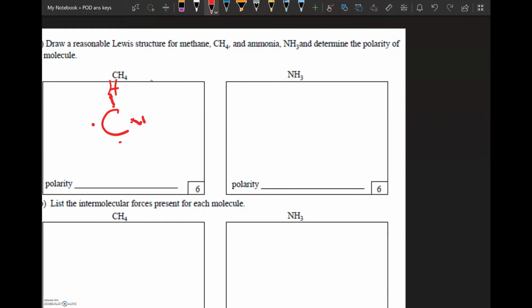There's one, there's one, there's one, and then there's the last one. Now, NH3, the nitrogen has 5 valence electrons, and the hydrogens are going to go around it in such a manner that they have their single bonds. And then you have this lone pair on top here.